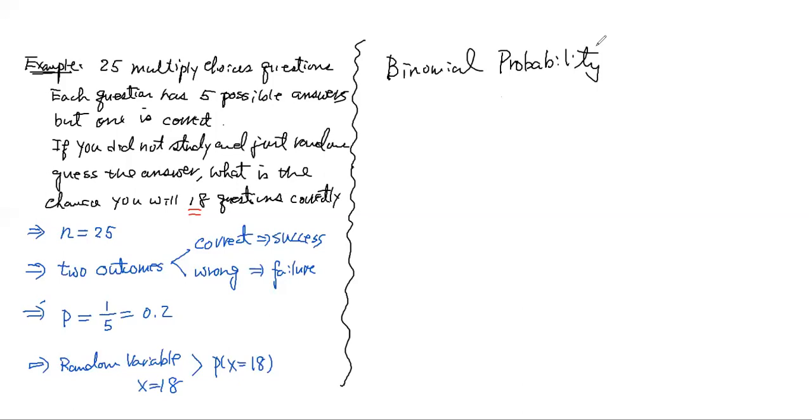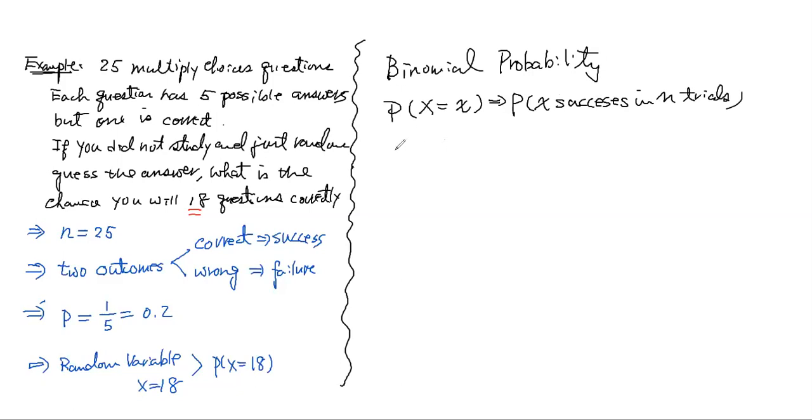So this is how we write it. We want the probability that x is equal to whatever my random variable x is here. That means the probability to get x successes in the n trials here, right?